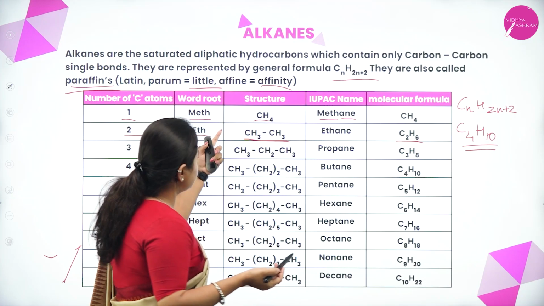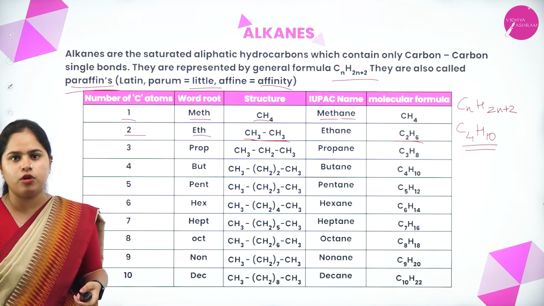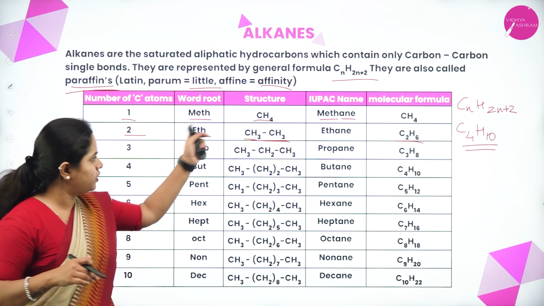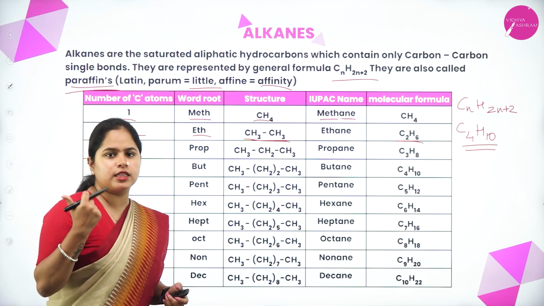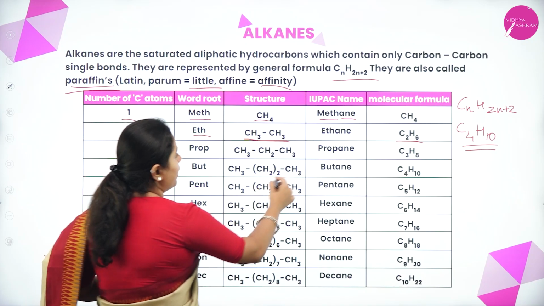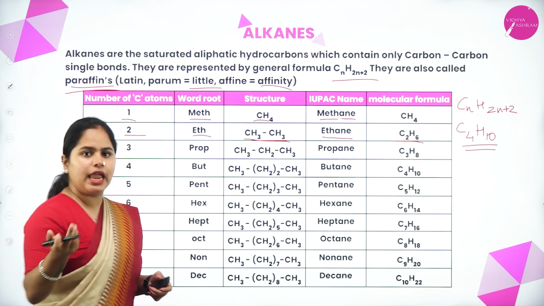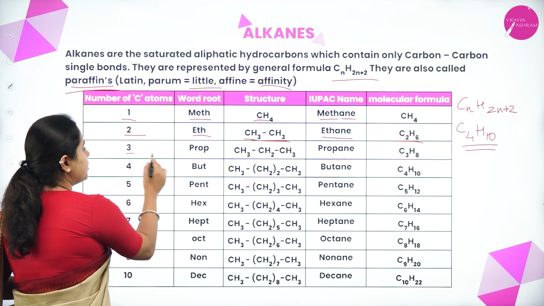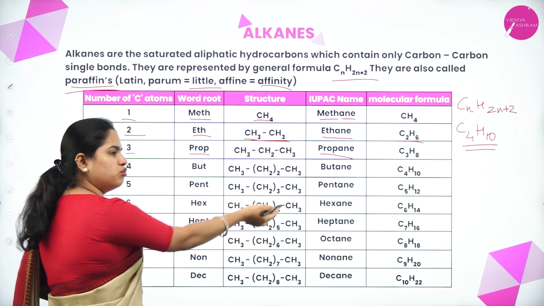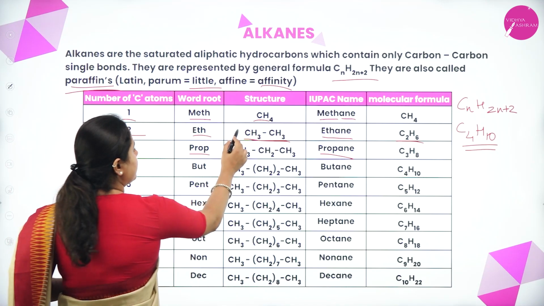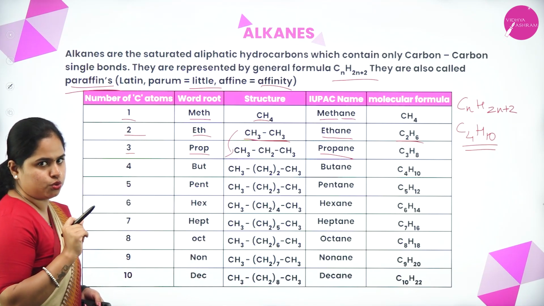Even this you are familiar with. It is called the homologous series. All of these differ from each other by a CH2 group. We have already studied this in organic chemistry. So it is called ethane, eth plus ane. Now 3 carbon atoms, it is prop, hence the name will be propane. CH3CH2CH3. These two differ by a CH2 group, right?